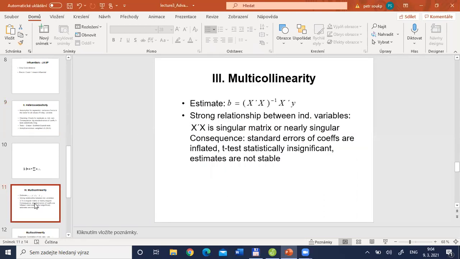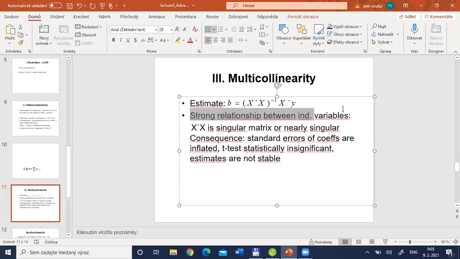Okay, and the last problem we will cover is called multicollinearity. This problem occurs if there is a strong relationship between independent variables. If there is a strong relationship between independent variables, it means that once again, standard errors of coefficients are inflated. So this is nearly the same problem as for heteroskedasticity.